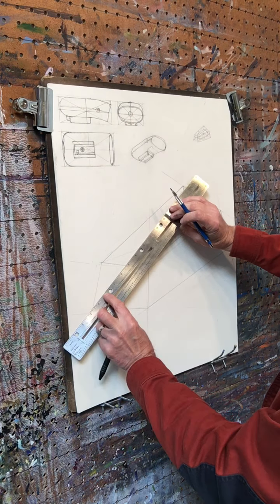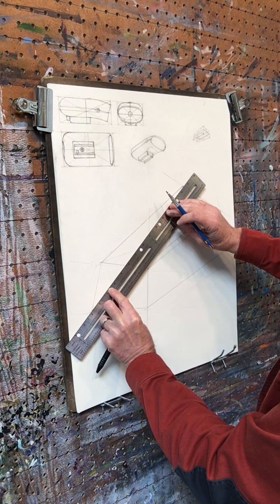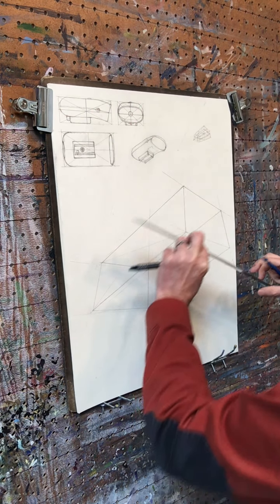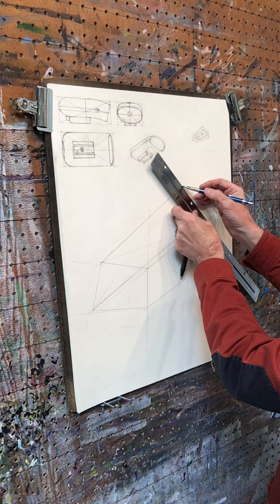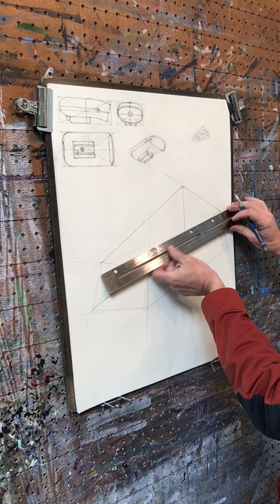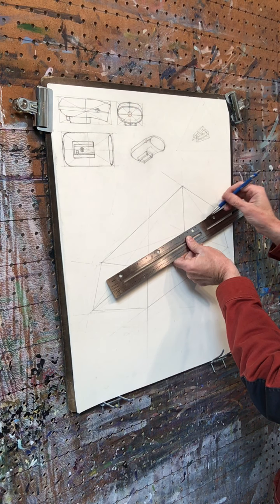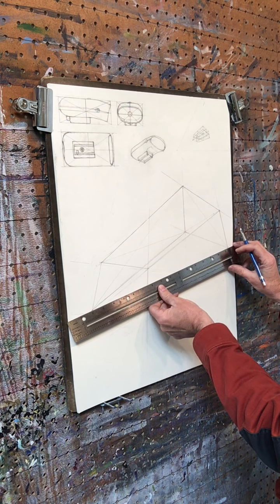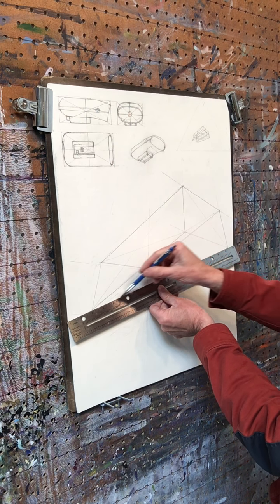So now what I'm going to do is what I did with the other one, which is crisscross, find the diagonals, so that I can find the center points of all three of these front planes. One, two, three.